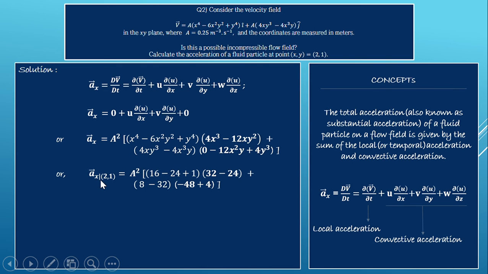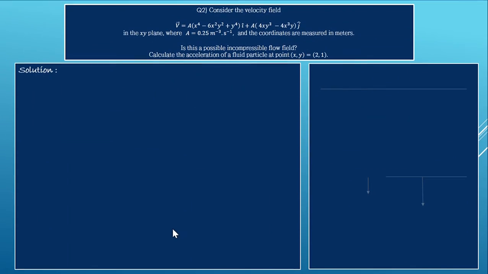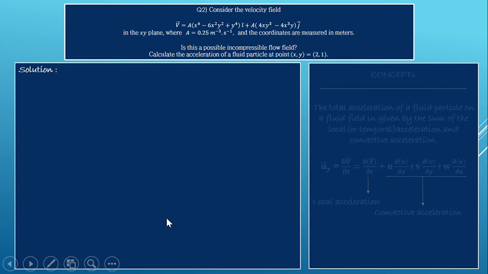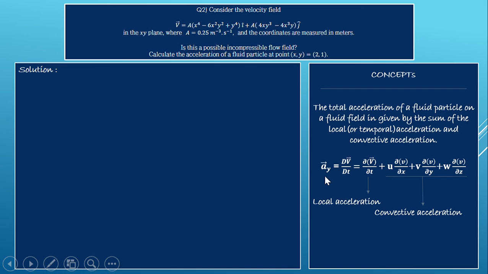On putting the values of x is equal to 2 and y is equal to 1 in the above expression, we get the following equation. On simplifying, we get a x vector is equal to minus 62.5 meter per second square. Similarly, we find the acceleration along the y direction.